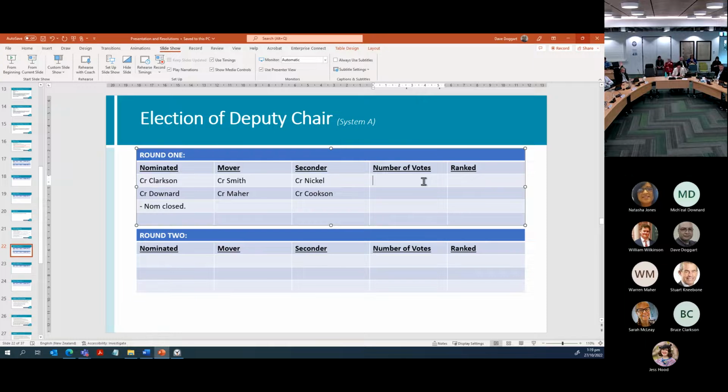Thank you. I've recorded the names as Councillors Kneebone, Smith, Strange, Mahuta, Hodge, Clarkson, and Nicol. That is 7. Oh my gosh. Moving on then to Councillor Downard. All those in favour for Councillor Downard, please raise your hand.